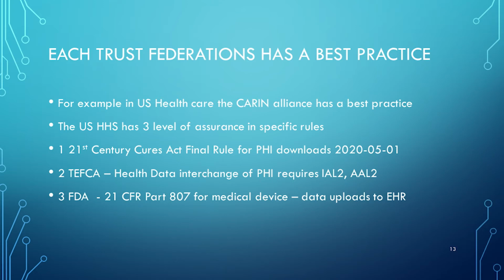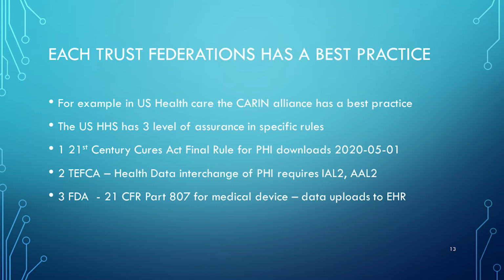So each federation then, in our case the Care Alliance, has produced specific best practices, and then everybody in the federation has to agree to the best practices. This is an idea I'm trying to get involved in the NAP organization as well. Within the medical industry, there are several layers of protection of data, so even within a federation you might have different layers.